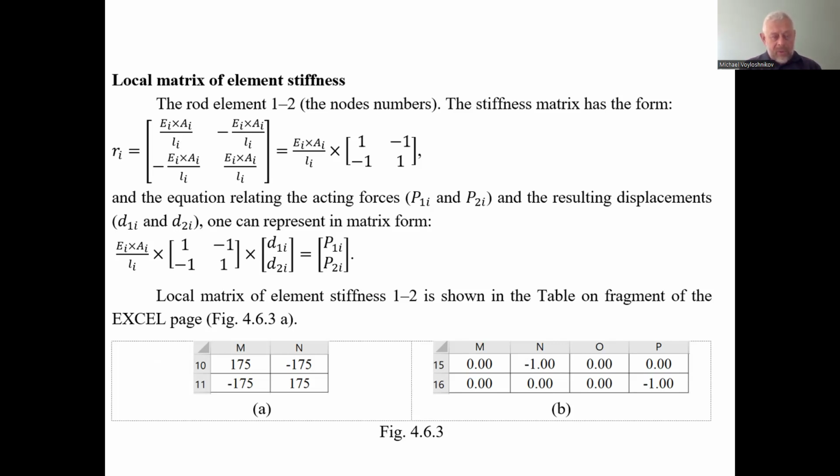So we consider the rod finite element of the fourth type supported by the hinges at both ends, as we consider the truss. If we would consider the frame, there could be the first type of finite element, which is embedded by both sides, and the second type, embedded at the beginning and hingedly supported at the end of the finite element.